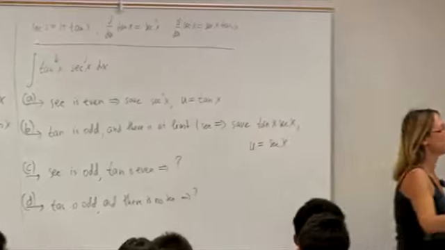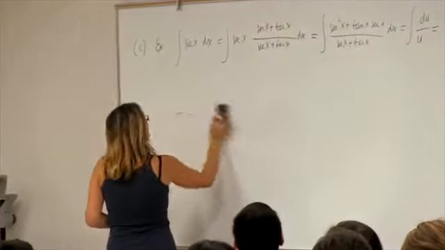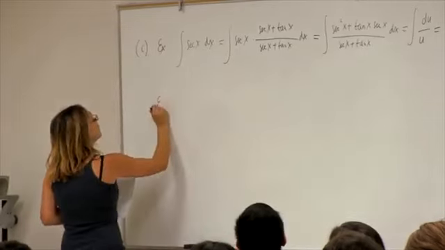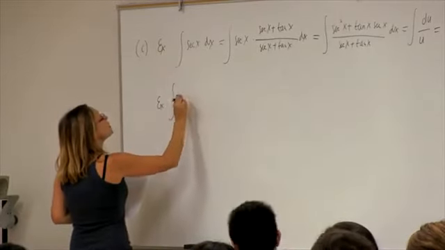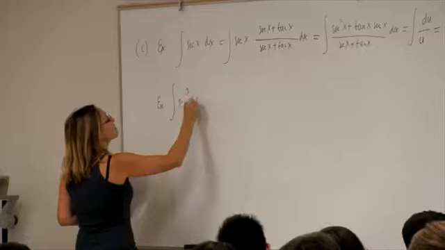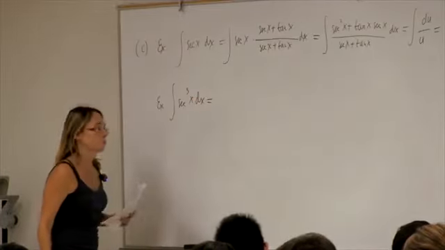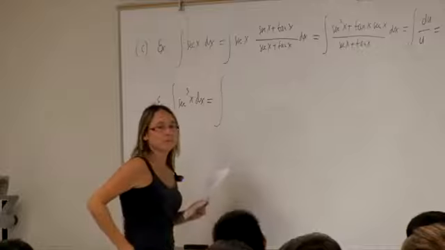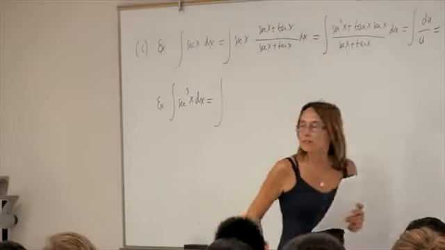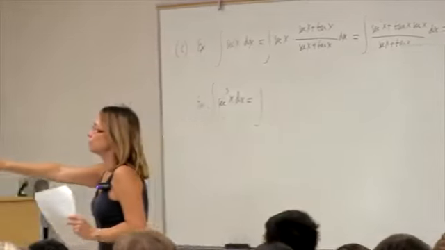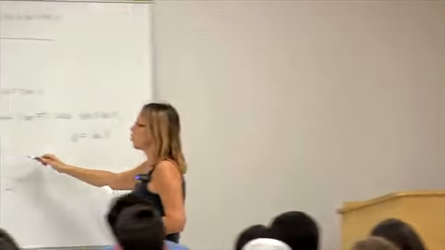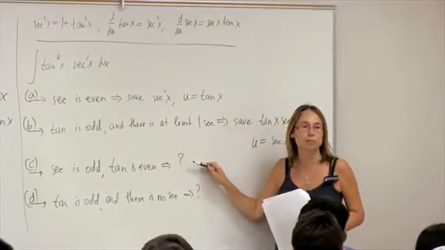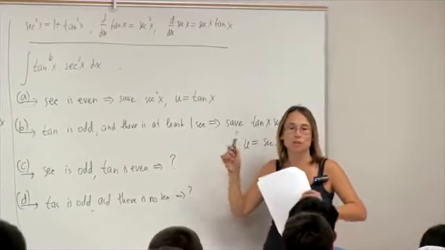Secant is odd, tangent is even. I'm going to next consider the next simplest case, which is secant cubed x dx. Right? So again, like with many of these in part C, unfortunately, there is no algorithm or rule that you can just apply.